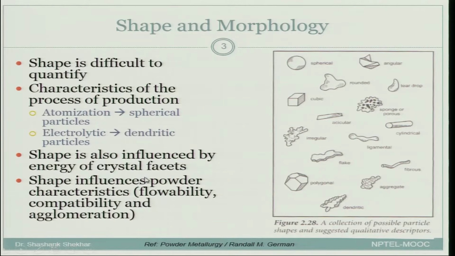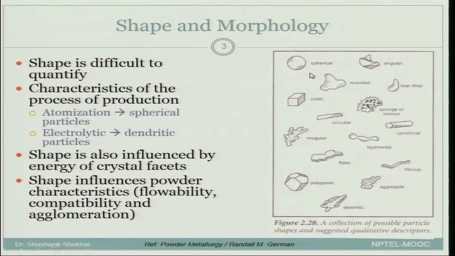So the energy of the crystal facets also influences the shape and morphology, and this shape influences some of the powder characteristics, for example, flowability, compactability, and agglomeration.